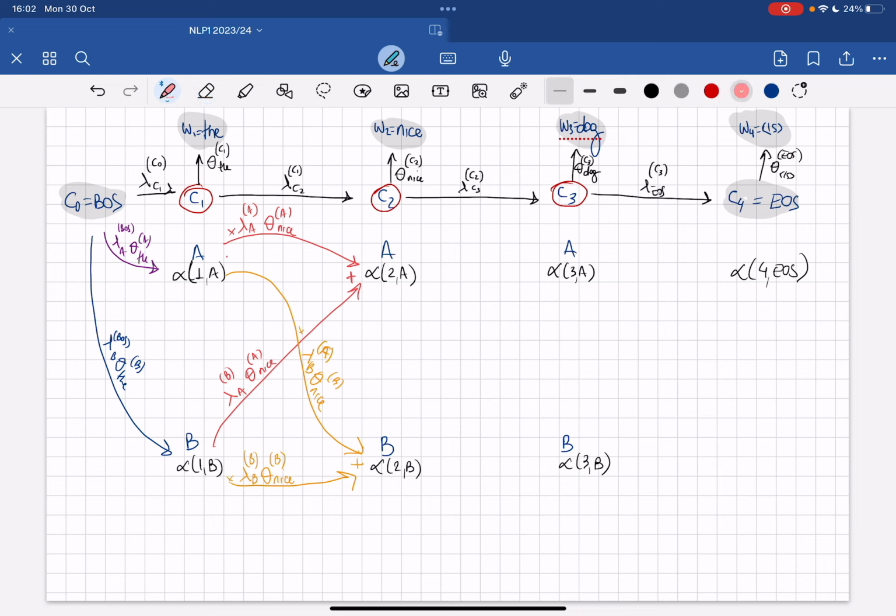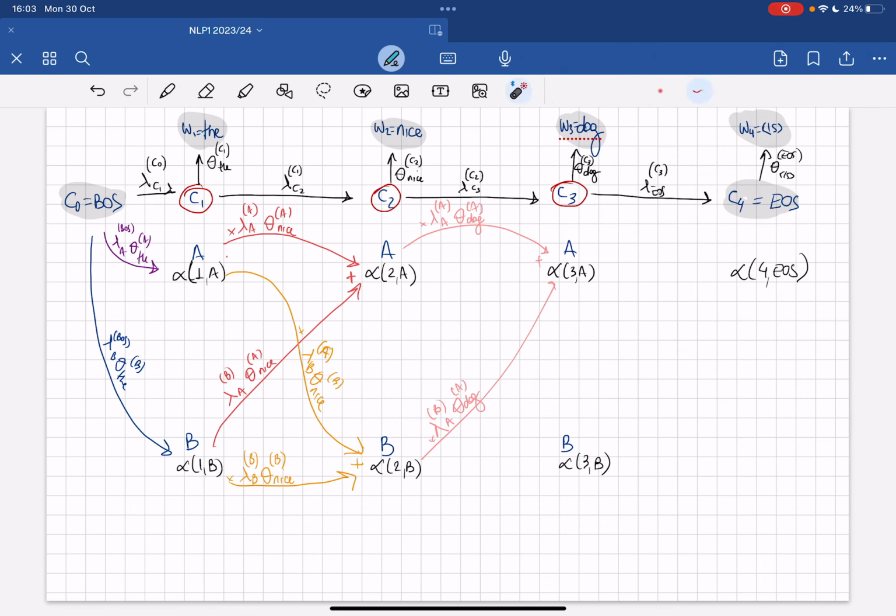Either we continue from a sequence that ended in C2A, and then we introduce a transition from A to another A, and then emission from A of dog, or we continue from a sequence that ended in C2B, and then we transition from B to an A, and then we emit dog from A. And this is precisely the value of alpha 3A.